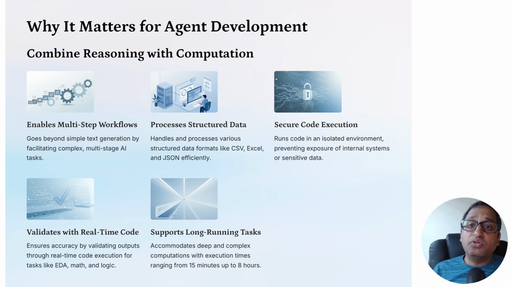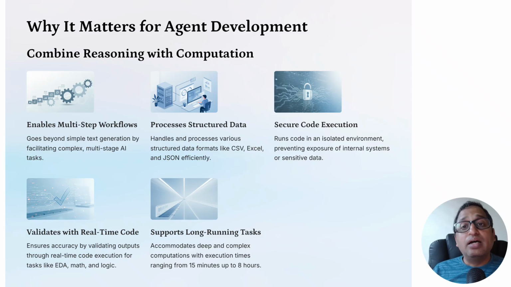And one of the most important features is that it can help the agent to validate its output with real-time code. So for example, if an agent is doing some computations, you want to have the agent first run that output through some code which involves some calculations or running some algorithm, so that it can validate the output of the agent with real-time code.